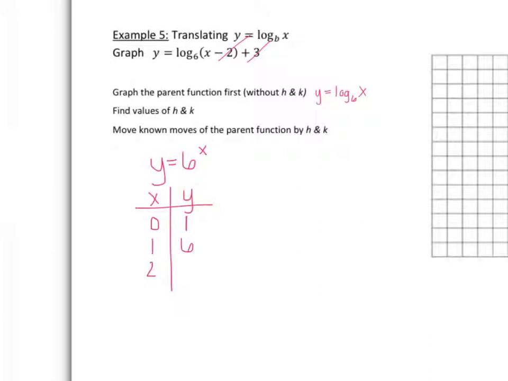If I plug 2 in, I get 36. Okay, that is for the exponential. But for the log, y equals log base 6 of x, we're going to flip-flop them. So it'll be 1, 0, 6, 1, and 36, 2.